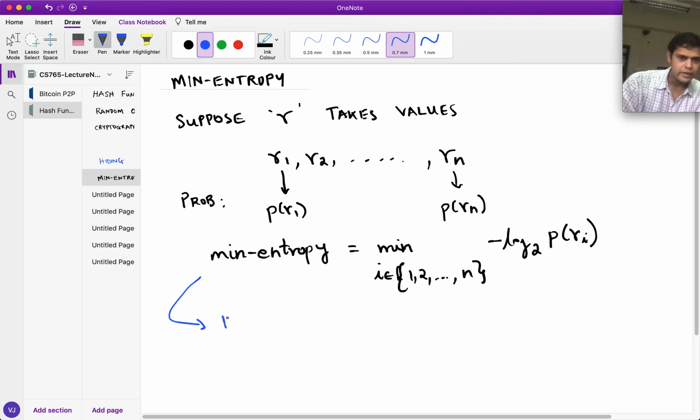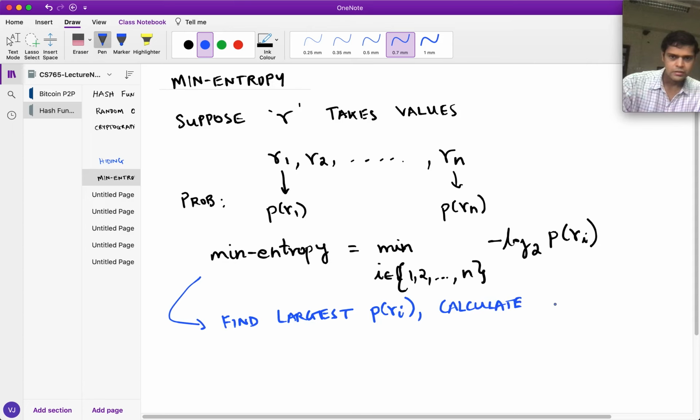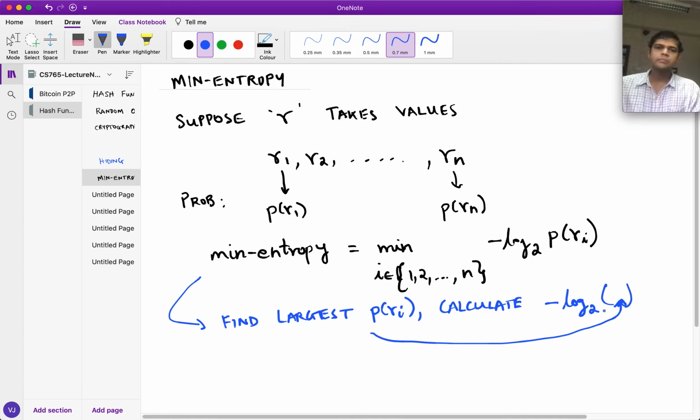Essentially, this is going to find the largest P of R. You find the largest of these probabilities and calculate minus log 2 of that particular probability, and that gives you the minimum entropy.